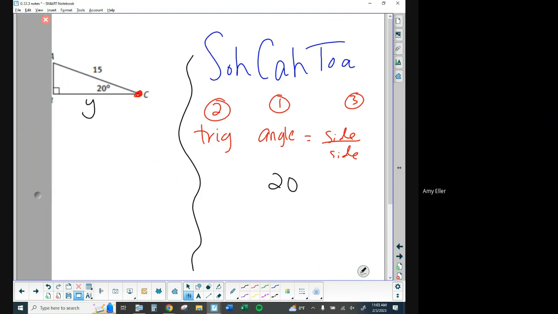What is this side Y? Opposite, adjacent, or is it the hypotenuse? It's the adjacent side. 15 is the hypotenuse of the triangle.